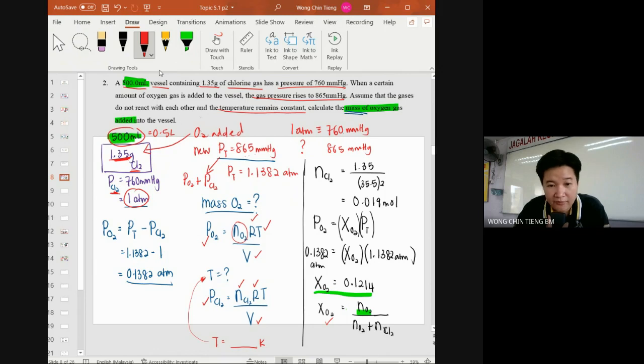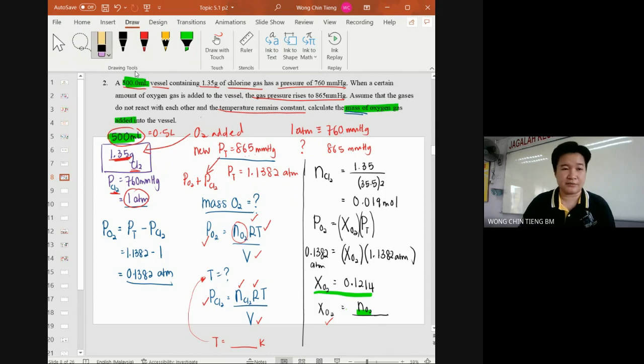Okay. You have the number of mole of Cl2. Boleh dapat number of mole oxygen? Nampak? Okay, good. Tak, seriously, okay tak? Kalau siapa yang tak okay, kalau siapa yang rasa pening lah nak kira macam ni, tak ada masalah.